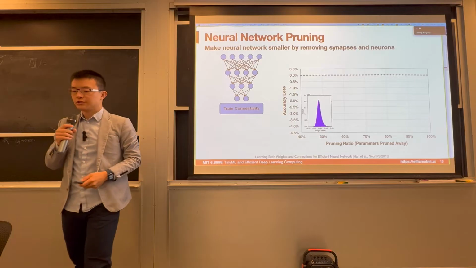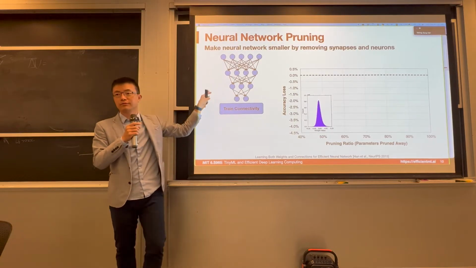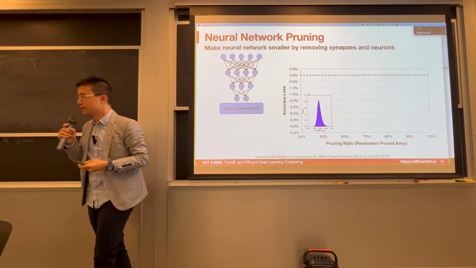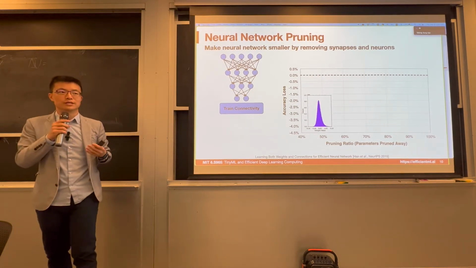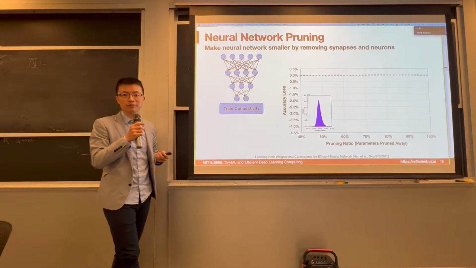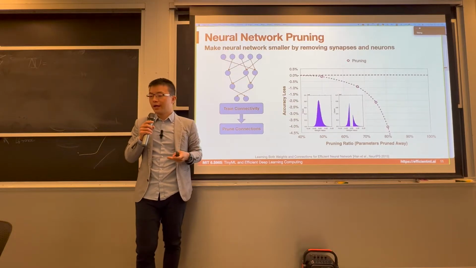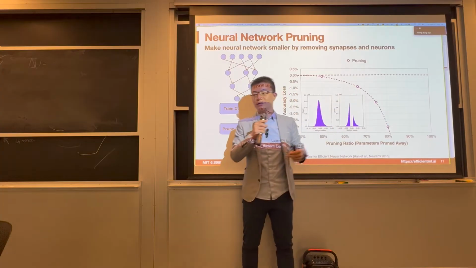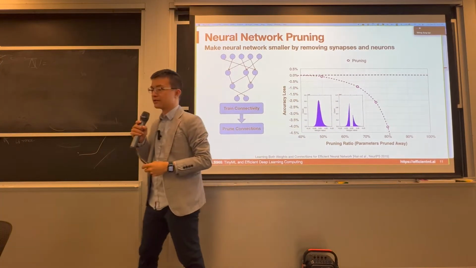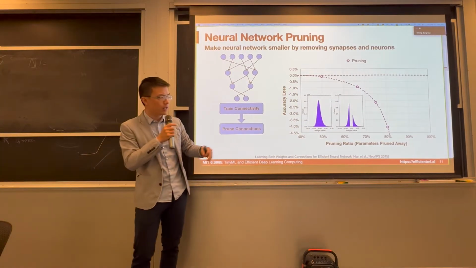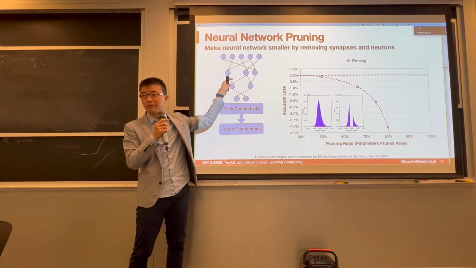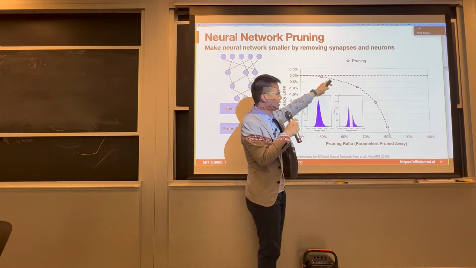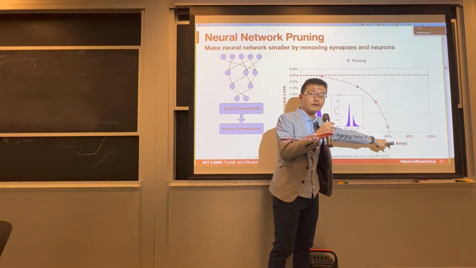We first train this model to convergence. We have to first train the model to recognize which neurons are important and which are not important. Suppose this dashed line is the baseline accuracy. Then we prune away some of the connections, and the more we prune away, the lower the accuracy.